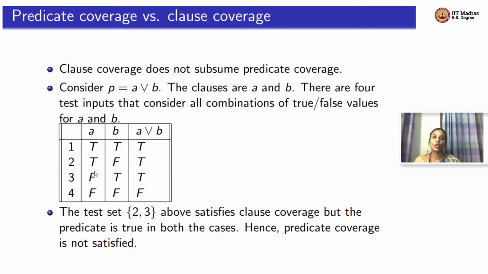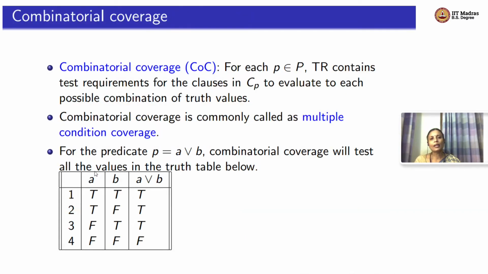So is there a way out? The solution is the following. Instead of doing predicate separately and clauses separately, consider all the combinations of true false values. So for each predicate, your test requirement contains the test requirements for all the clauses in that predicate to evaluate to each possible combination of true false values.